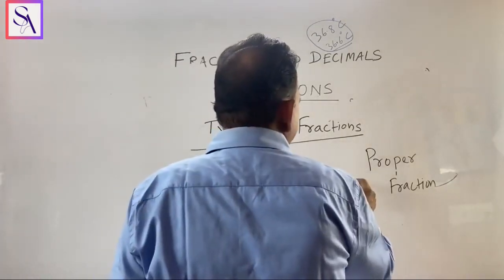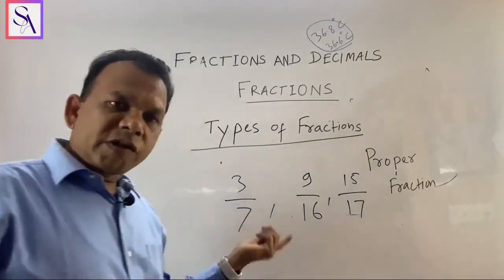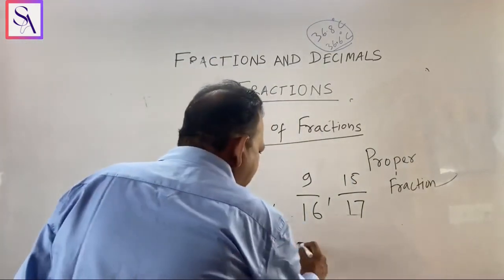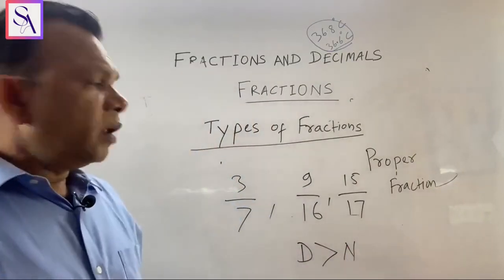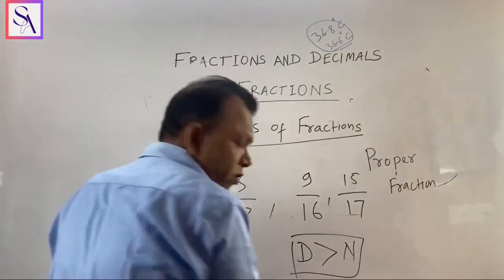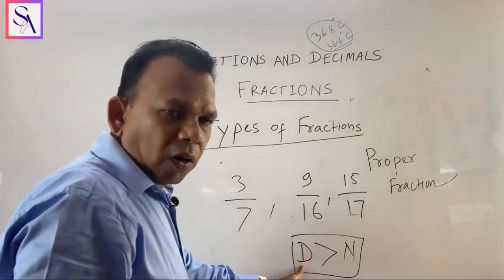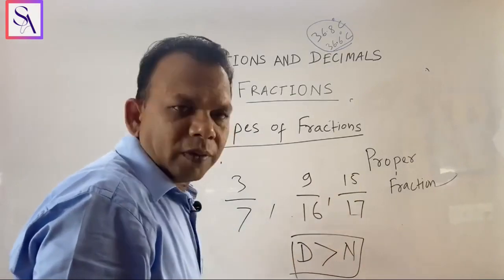Then 15 by 17, this is also proper fraction. So all these are proper fractions where denominator is greater than numerator, right? But there are some fractions which do not follow this law. They do not follow this particular law, denominator is greater than n, that is the purest law or proper law.